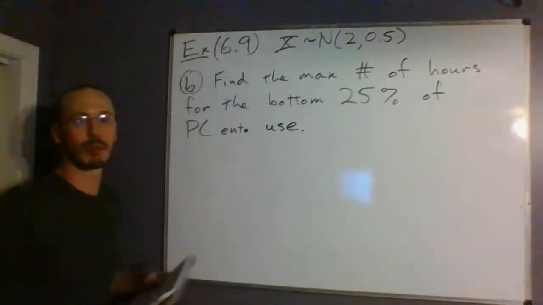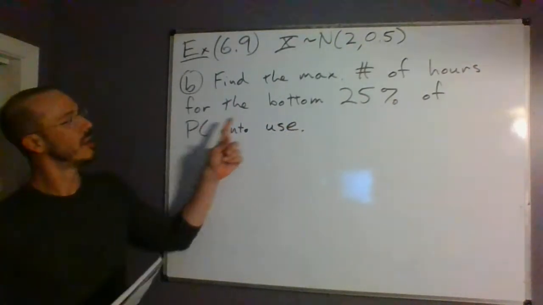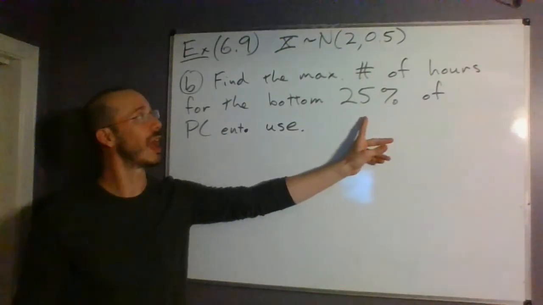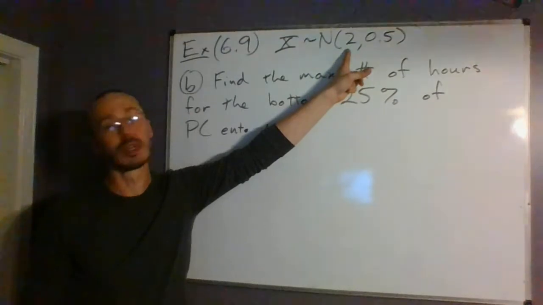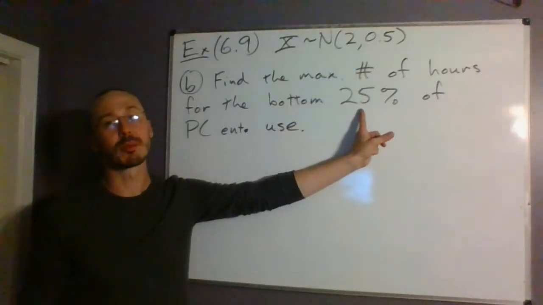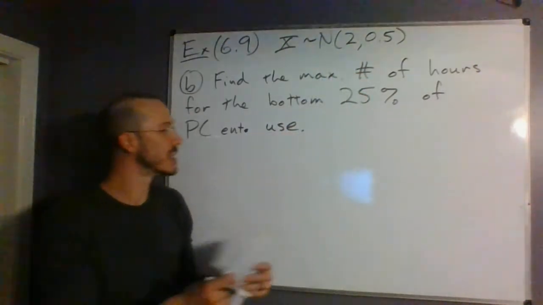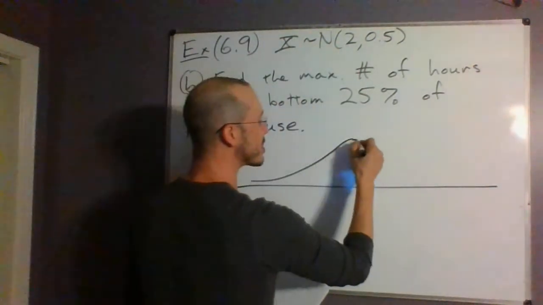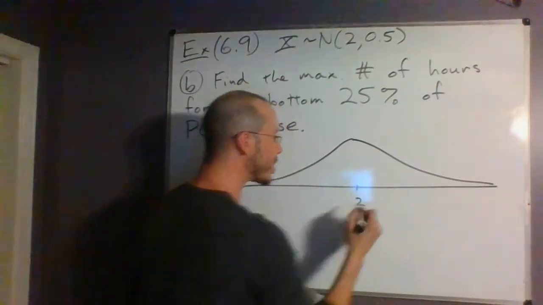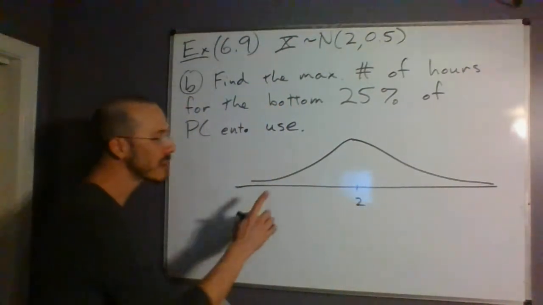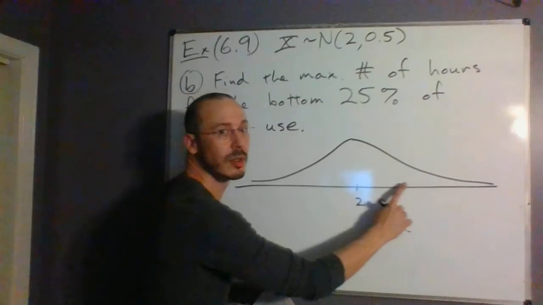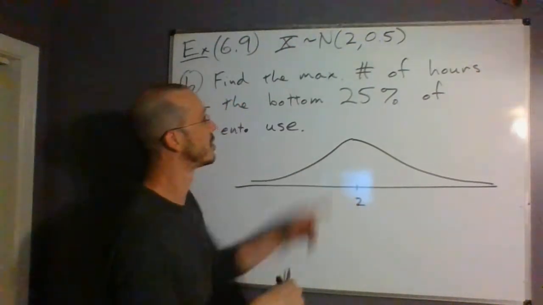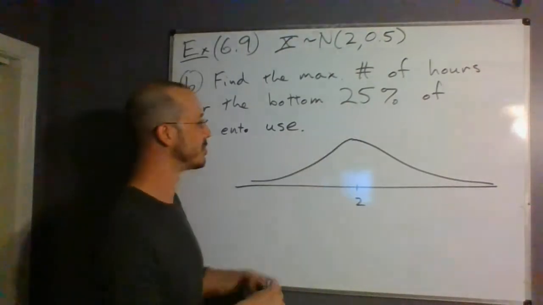So, abbreviating a little bit here. The bottom 25%. We want to find the number of hours. So the average, the mean, is 2. We're looking at something below average. So let's get a graph to organize this. Remember, the mean is in the middle, that's 2. And I want to find the data value along the x-axis where the area to the left of that value is 25%.